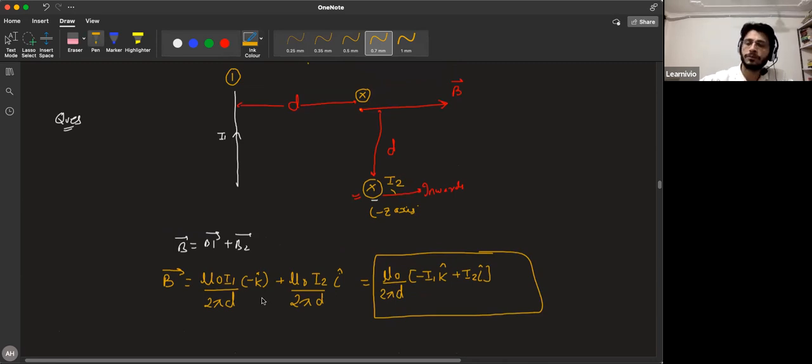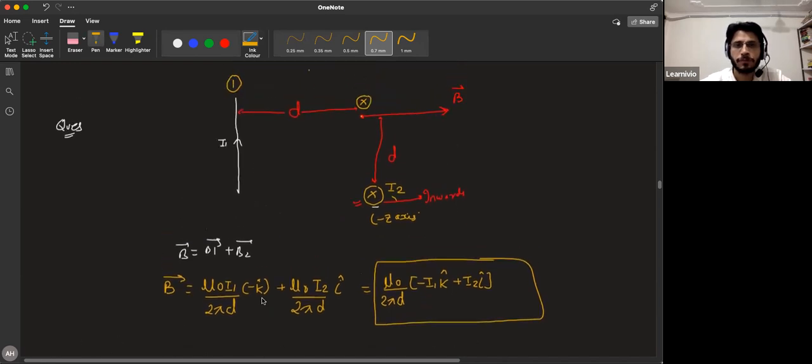Always use the right hand thumb rule. Do it. Nabil Khan, clear? Yes, sir.